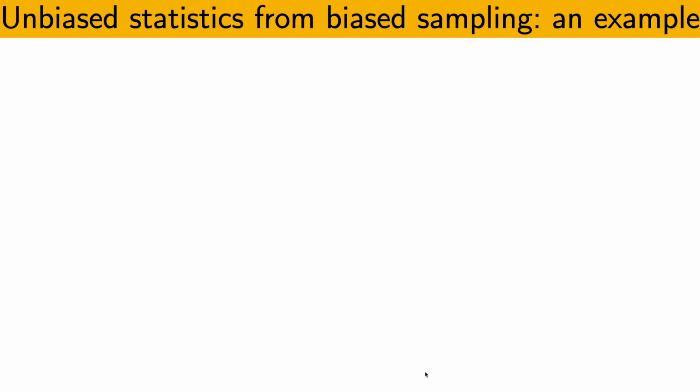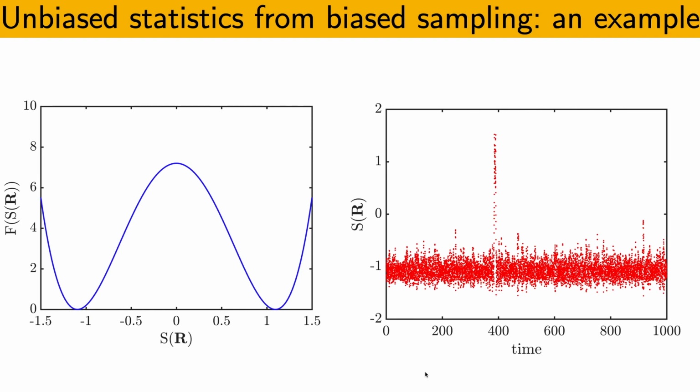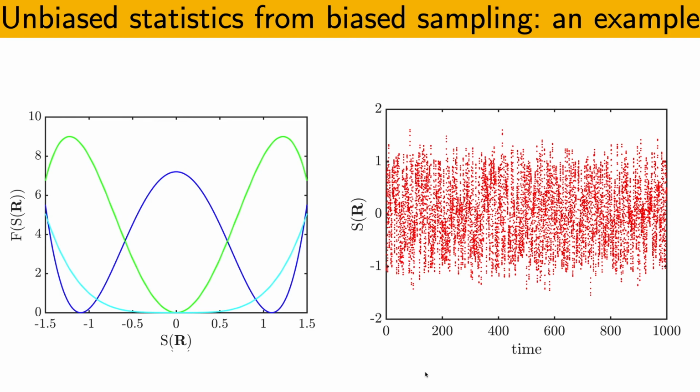You can clearly see that if we compare the sampling obtained without any bias potential with the sampling obtained in the presence of the potential, all the configurations are sampled very effectively within the same computational time.